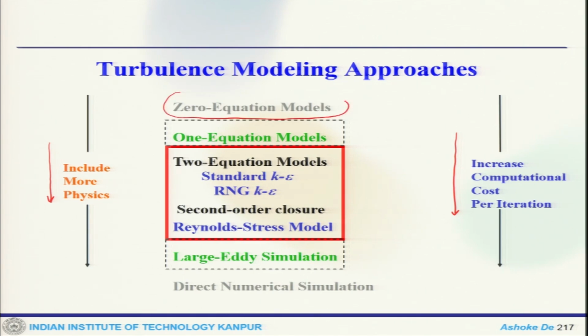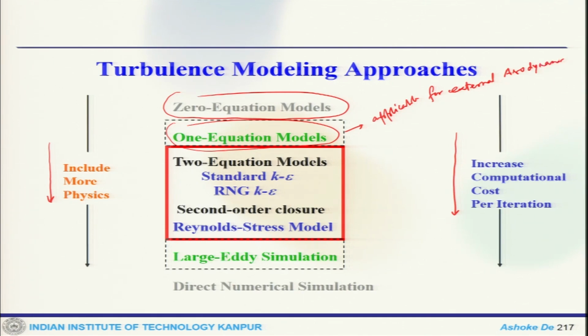This is a zero equation model, that is a mixing length kind of model, where you have an algebraic equation, but that has a lot of disadvantages for a wide range of flows. Then one can do a one equation model, where they solve for the eddy viscosity using a transport equation, and this is quite handy, I would say, for external aerodynamic problems.